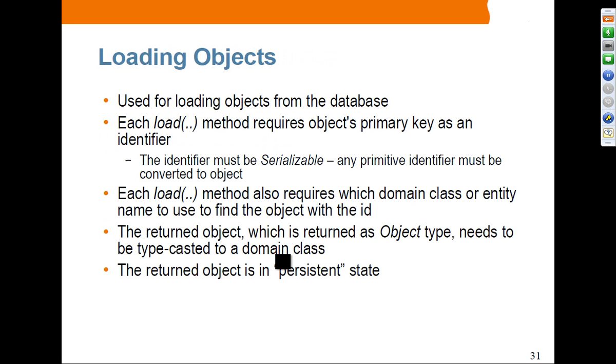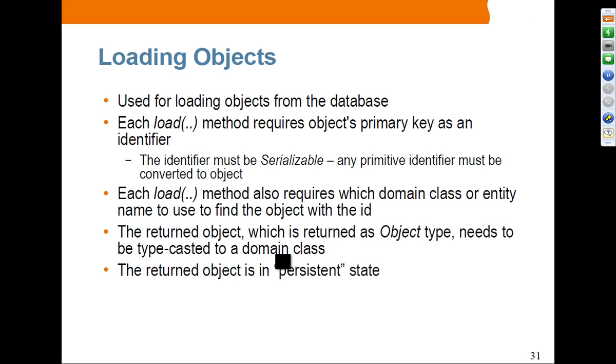Loading an object is used for loading the object from the database. Each load method requires the object primary key as an identifier. So you have to specify what object you want to load from the table. The identifier must be serializable, so any primitive identifier must be converted to an object.